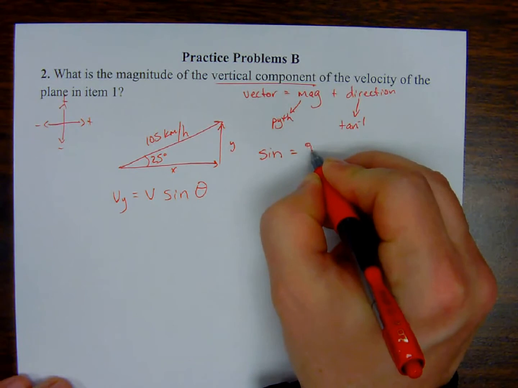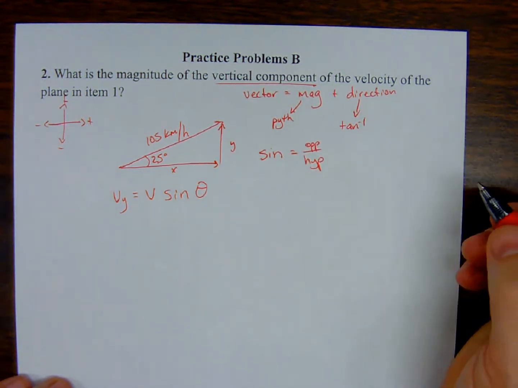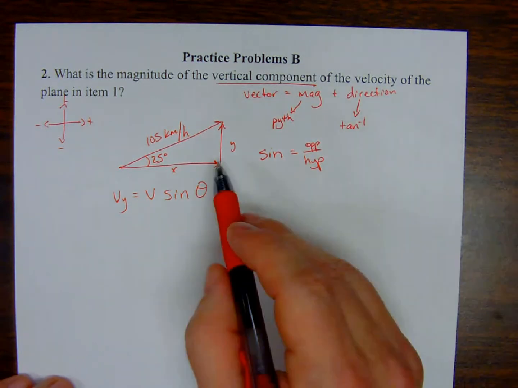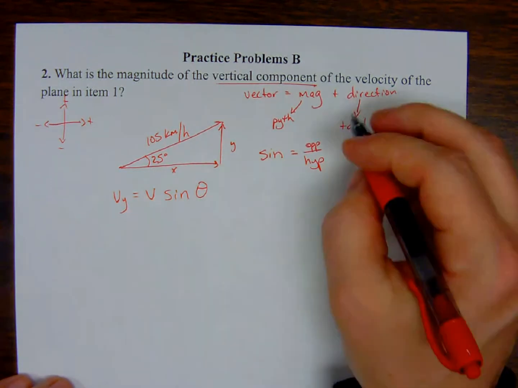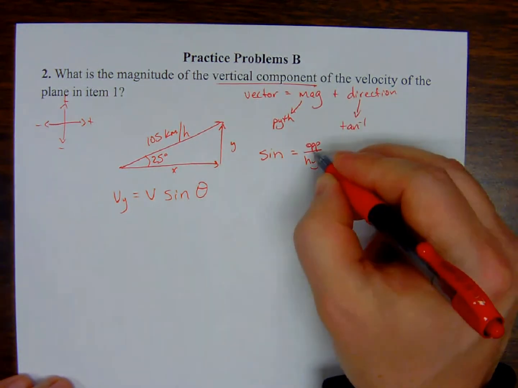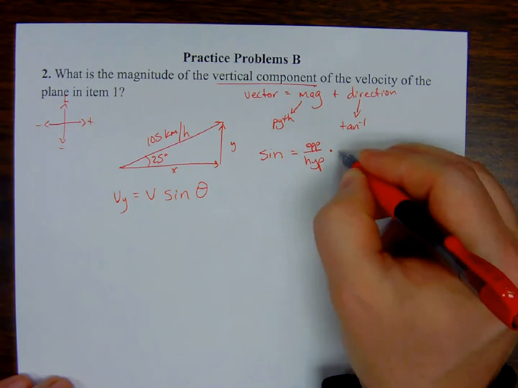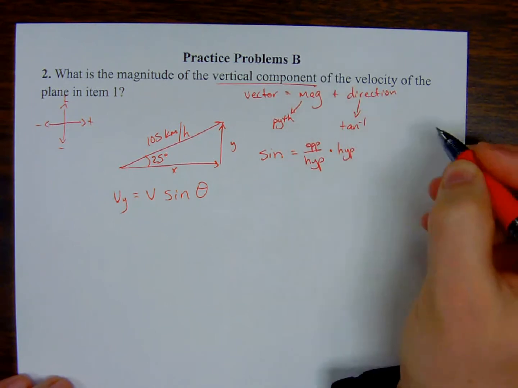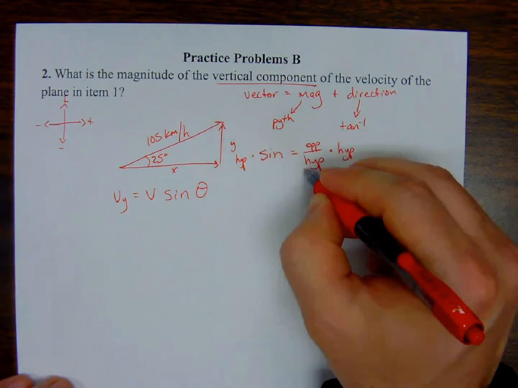So if I'm going to solve for opposite, I need to get hypotenuse on the other side, so I'll multiply both sides by hypotenuse. The hypotenuse cancels over here, so I'm left with opposite equal to the hypotenuse multiplied by the sine of the angle.